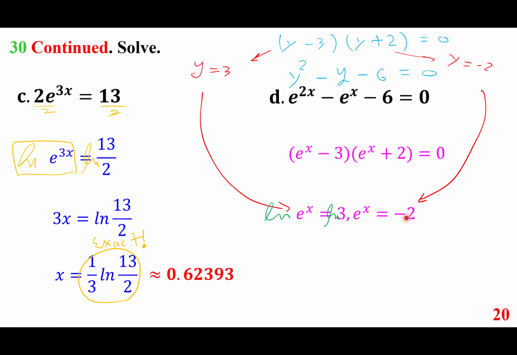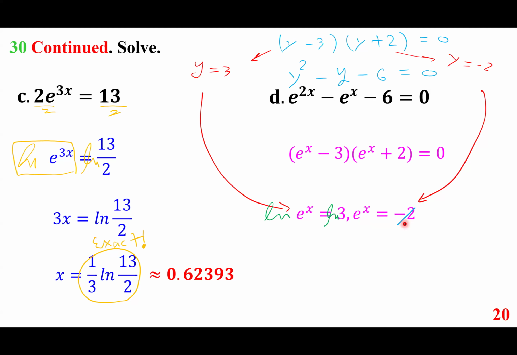This cannot be. The reason it can't be, if you recall when you graph exponential functions, they are above the x-axis, meaning the range is from 0 to infinity. 0 is not included, so it can never be a negative number. So you want to be careful with that, okay?